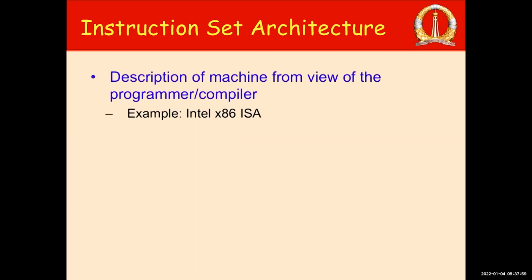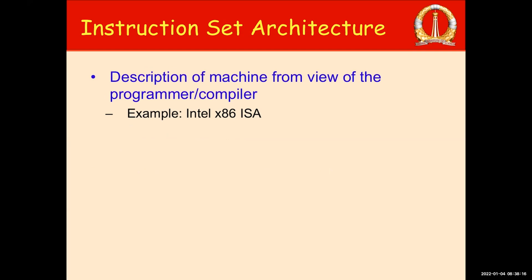Let me briefly get started with instruction set architecture. Instruction set architecture is essentially a description of the machine from the viewpoint of the programmer or compiler. It is actually the aspect of the machine that the compiler or the programmer would see.